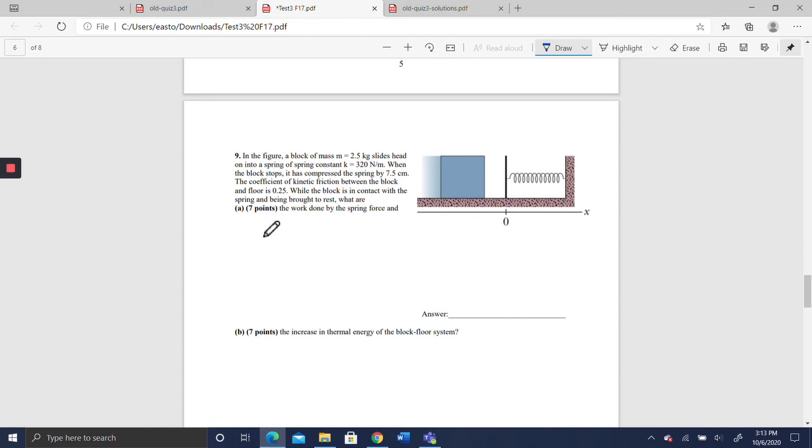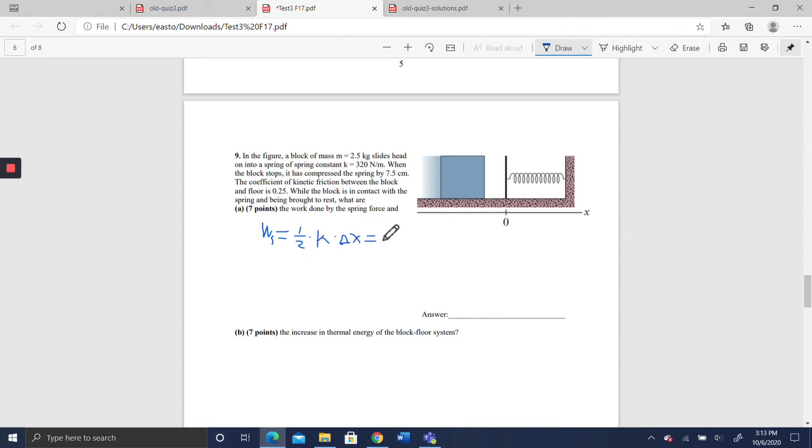So the work done by the spring is equal to 1/2 times k, multiplied by the distance traveled, x. Let's simplify this.